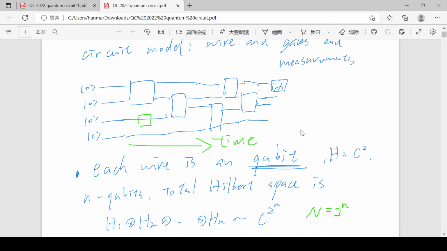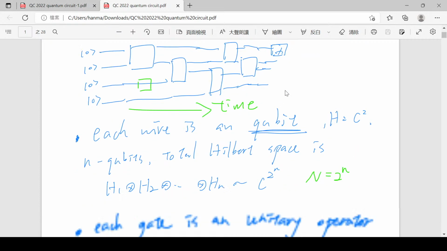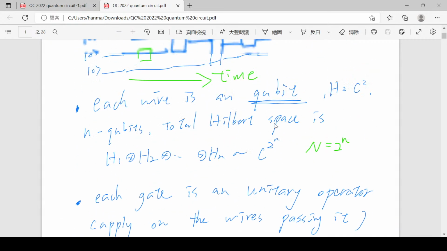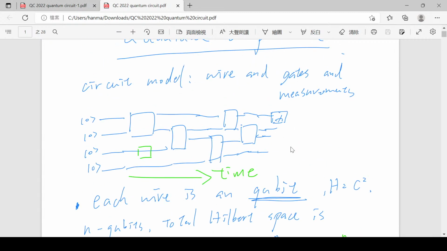But there are extra elements in quantum computation, which are measurements. Measurements we will be doing at the end of the circuit.